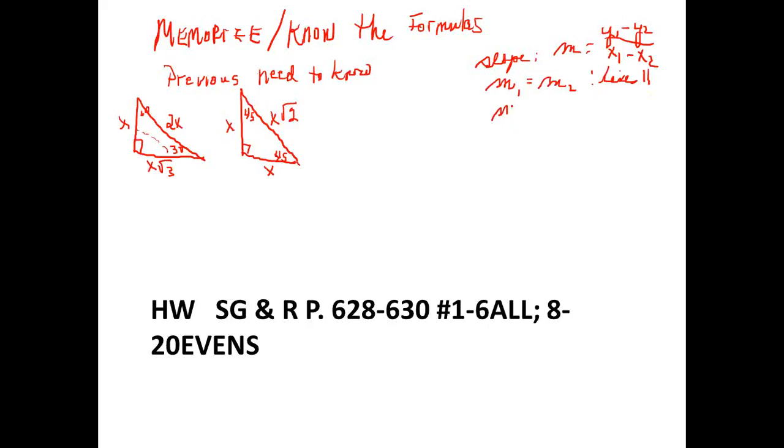If the slope equals the negative reciprocal of the other one, which means basically you flipped it and multiplied it by a negative, or if you multiply the two slopes together, you get -1, the lines are perpendicular. So that starts telling you whether you have parallelograms and at least a rectangle.